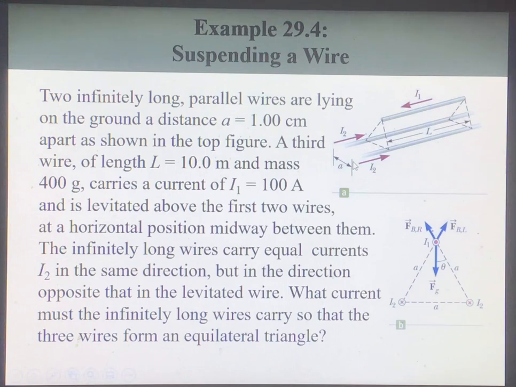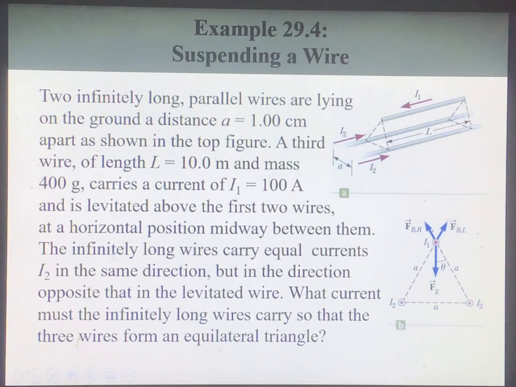And I know that the current in the top wire is I1, which is 100 amps. And the wire at the top has a length L, which is equal to 10.0 meters.